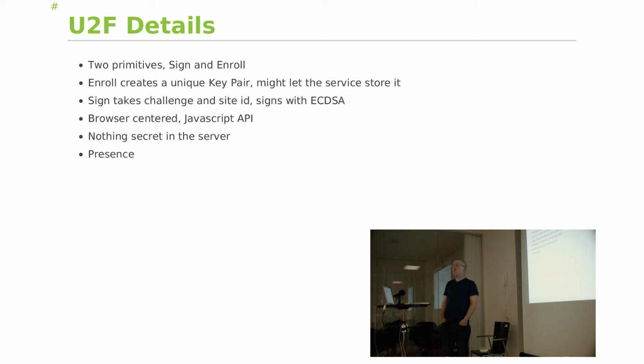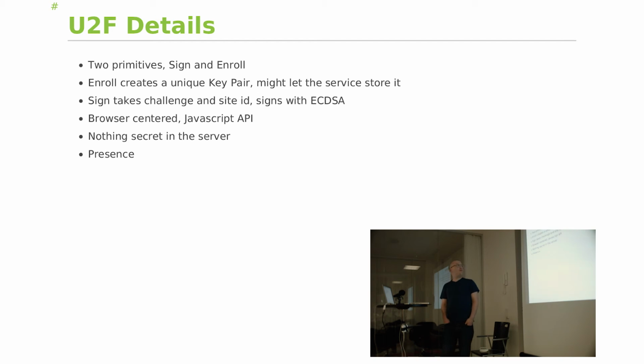And that key pair is constructed so it might let the service store the key pair in an encrypted fashion. So the token encrypts the key pair to itself and gives that blob to the server to store for it. So you don't have to worry about storage for all your services when this protocol is used everywhere on the internet.